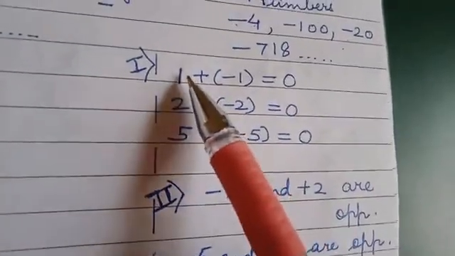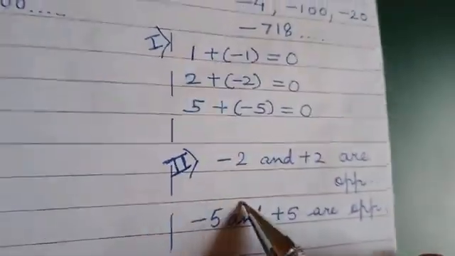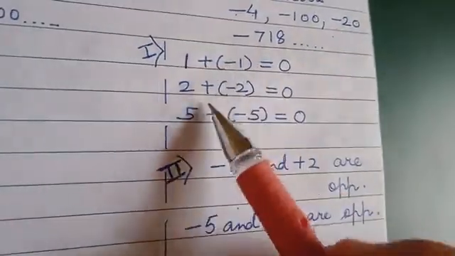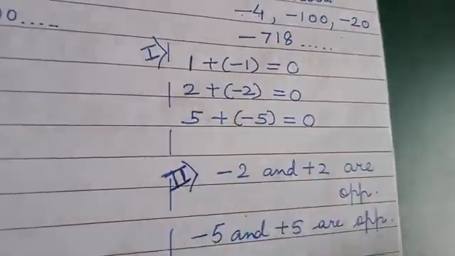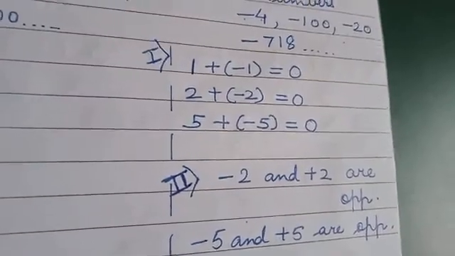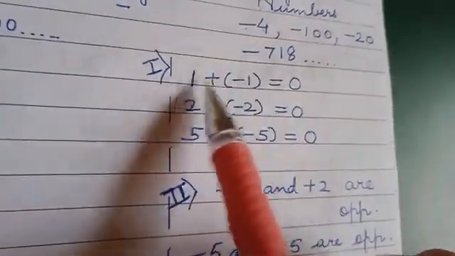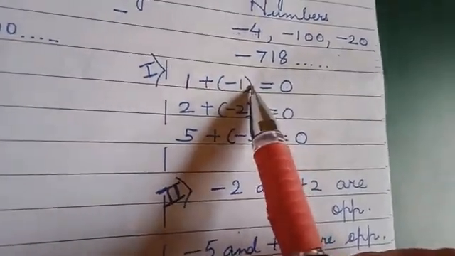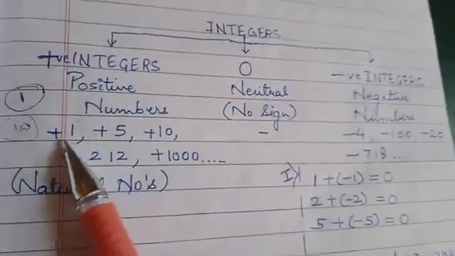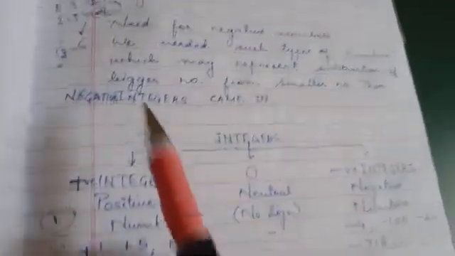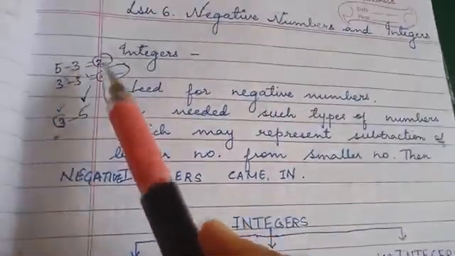Now let us see a few things. This is very important, you must know: 1 plus minus 1 is 0. When I am adding these two numbers, they are opposite numbers. Plus 1 and minus 1 are opposite numbers. 2 and minus 2 are opposite integers.